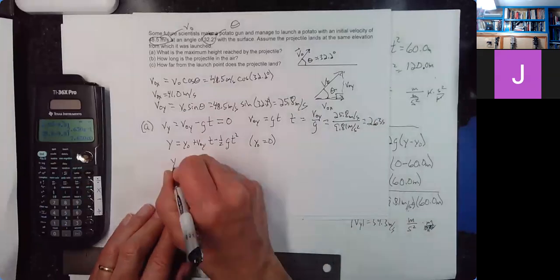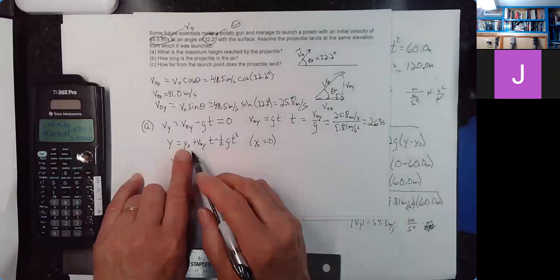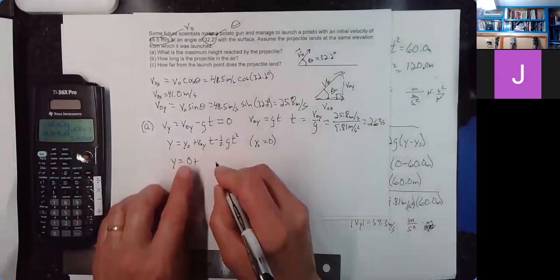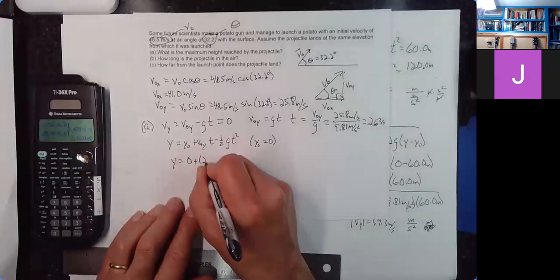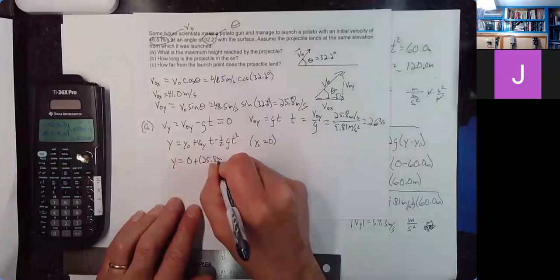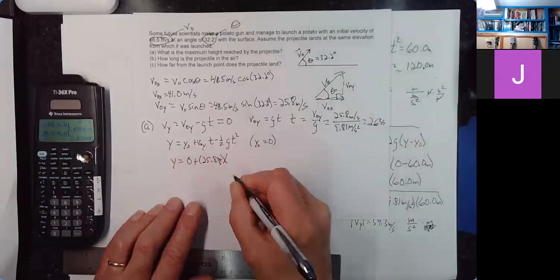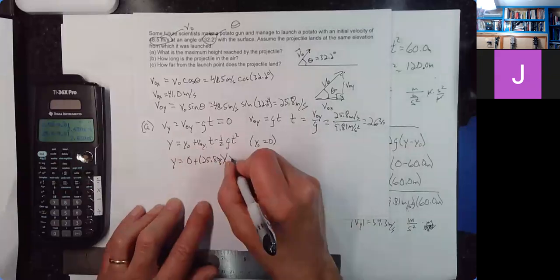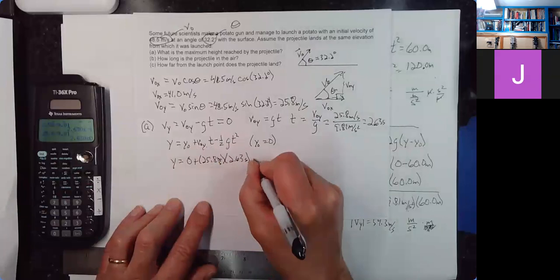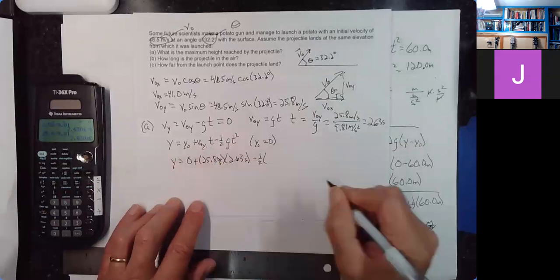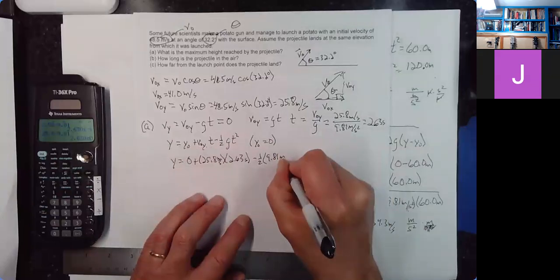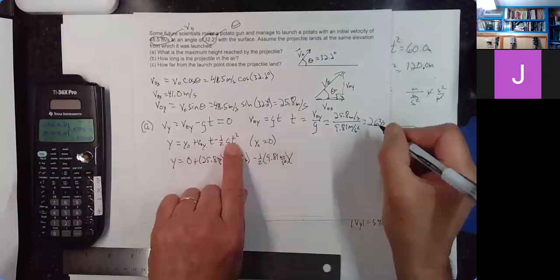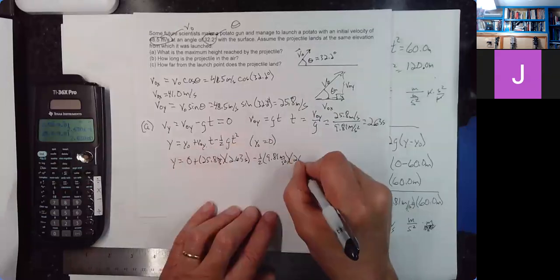So y will equal y naught, which is 0, plus v naught y, which is 25.8 meters per second, times that time I just figured out, 2.63 seconds, minus 1/2 times g, 9.81 meters per second squared, times that time again, but this time the time gets squared, 2.63 seconds squared.